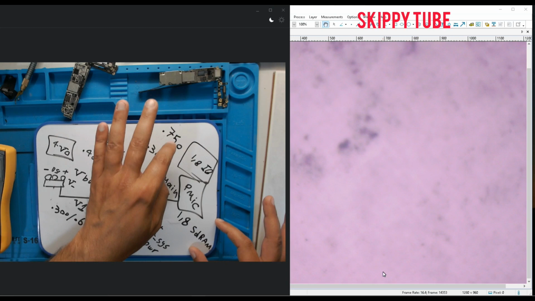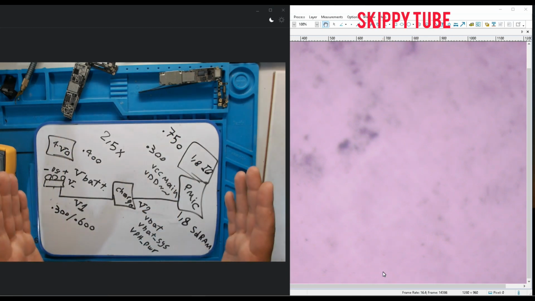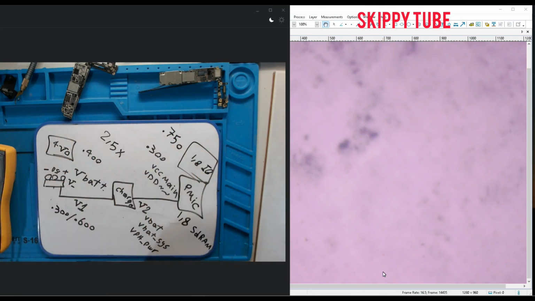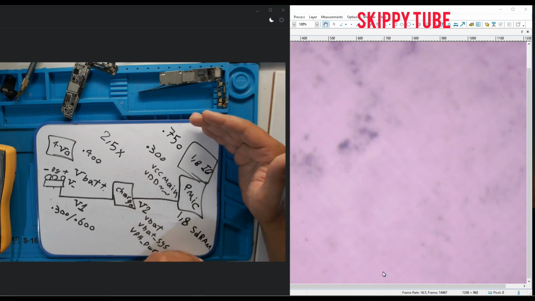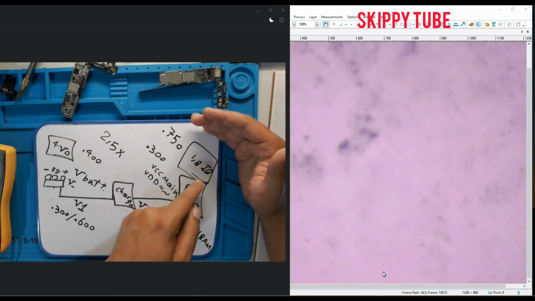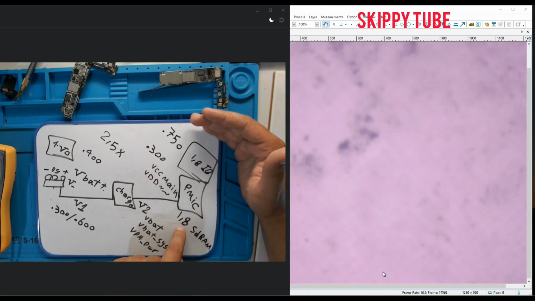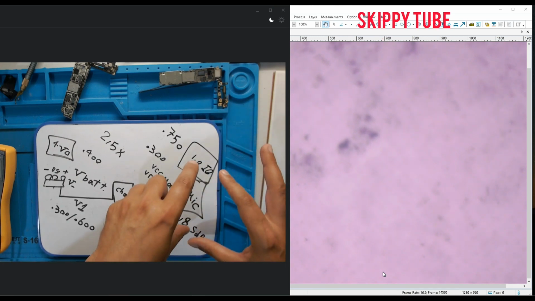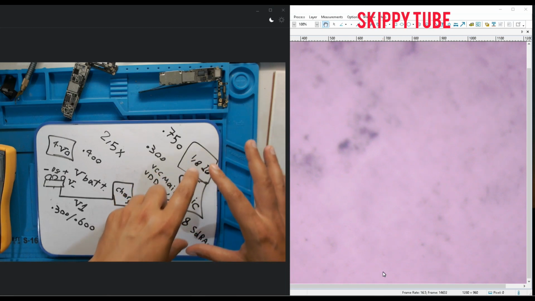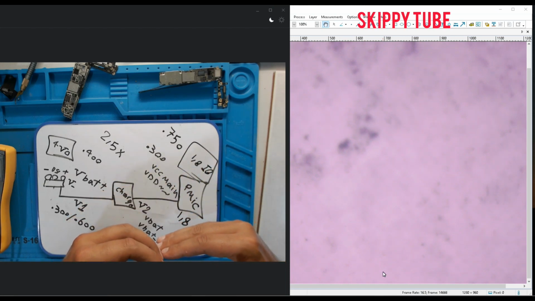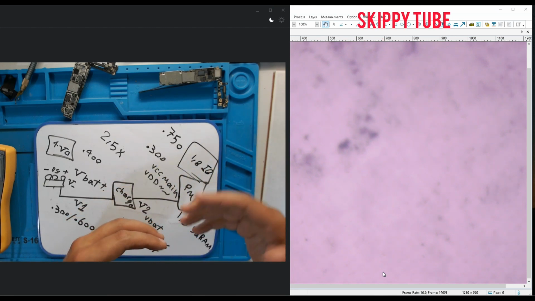You need to compare voltage 1 and voltage 2, but to compare the 1.8 you need to check the 1.8 IO and 1.8 SDRAM. But these two lines are a little bit different for the Skippy test.